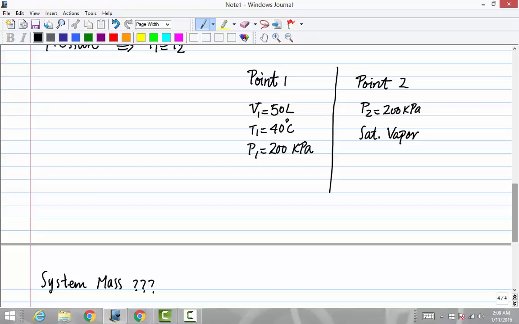If I go to the table and I find these two, pressure and temperature, I can realize if it is a mixture of vapor and liquid, if it is compressed liquid, or if it is superheated vapor. Right? So let me write this for you.